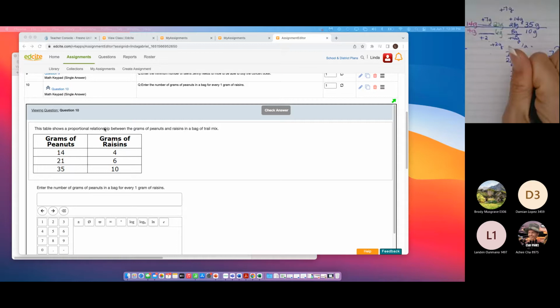I have to do the same thing to the top that I do to the bottom, right? So that means I need to go 7 divided by 2. 7 divided by 2 equals 3.5. Okay, so that tells me that I'm going to have 3.5 grams of peanuts for every 1 gram of raisins.